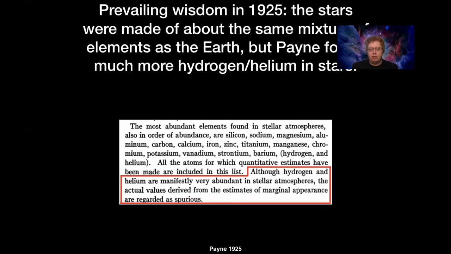So she backtracked a little bit from her conclusion. Within about 4 years, though, it became pretty well understood among astronomers that Cecilia Payne had been right all along, and that she was the first to really understand that the stars, and basically the entire universe, is mostly made up of hydrogen and helium.